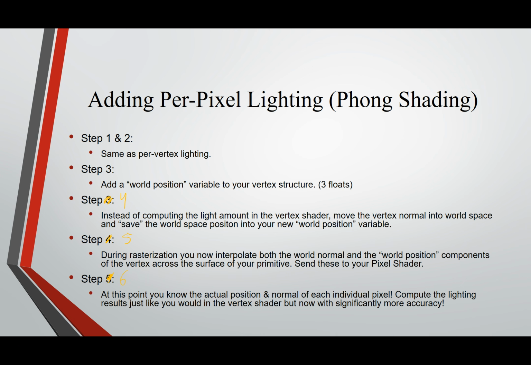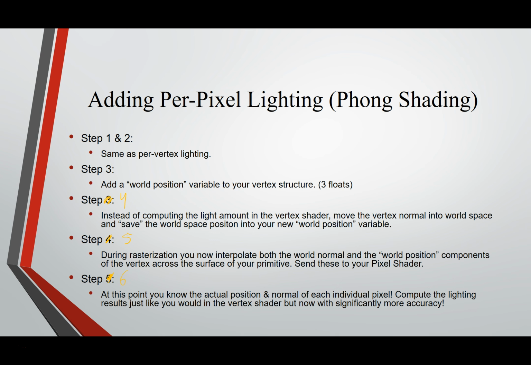But in per pixel lighting, we do want to remember where the world position is for a little while longer than we would normally have it, because we actually want to do our lighting in the pixel shader, and we're going to need that information. Step 4: instead of calculating the lighting amounts and doing our light equations per vertex in the vertex shader, we're going to move the vertex normal into world space. This is something we would do anyway in Gouraud.